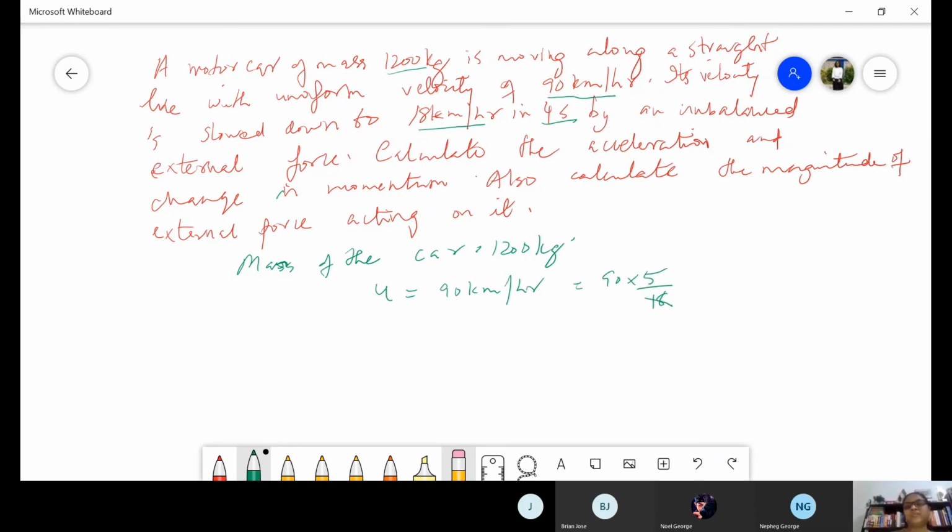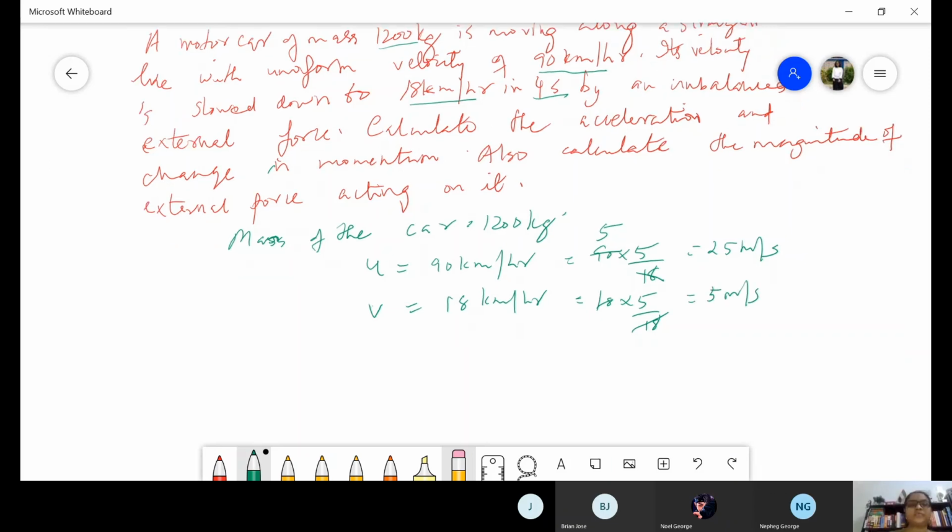So 18 into 5. So we will get 25 meter per second. And now V, it is slowed down to 18 kilometer per hour. We have to again convert, 18 into 5 by 18. So we will get 5 meter per second. And now what is the time taken? Time is 4 seconds.